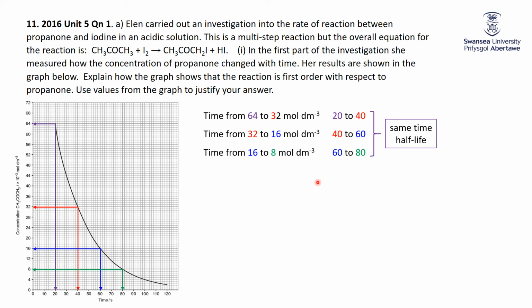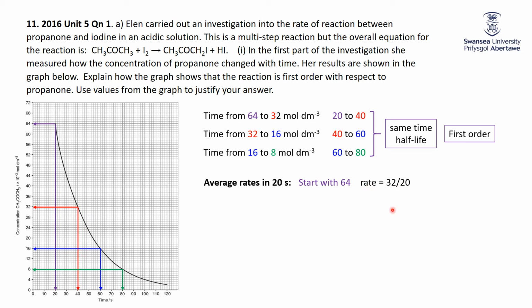If it was anything else, then we would have seen different times to go between 64 and 32 compared to 32 and 16 compared to 16 and 8. Now we can demonstrate that in a tacky way by looking at the average rates in 20 seconds. We start with 64 and go another 20 seconds and that gives us 32.